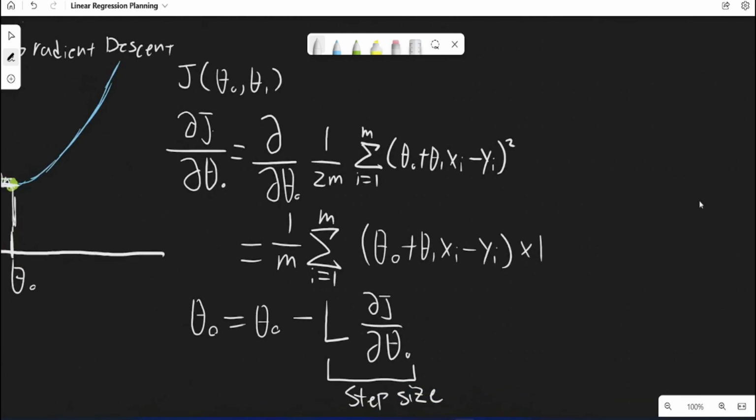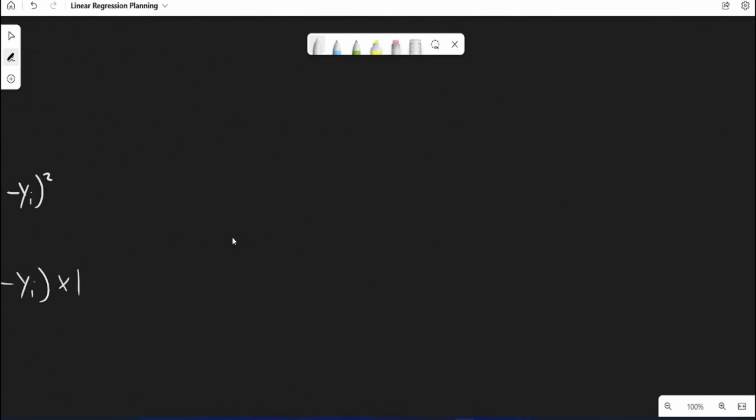Now, what are some problems that we can run into? Let me show you here. Let me start a new graph. We can run into problems with something called a local minima.